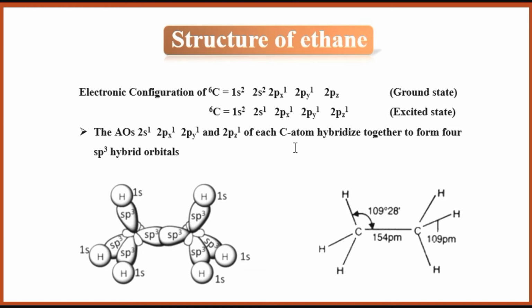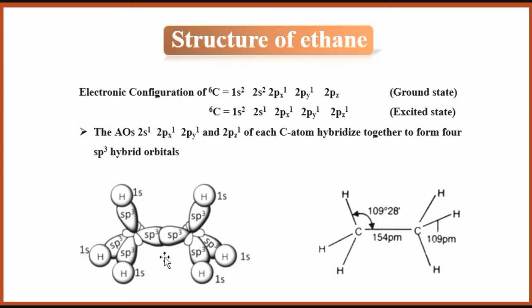So these would hybridize together to form 4 sp3 hybrid orbitals, same as the methane molecule, but the only difference here is that 3 sp3 hybrid orbitals would overlap with 1s orbitals of the hydrogen atoms, and in this way 3 sigma bonds would be formed with hydrogen atoms, but still these three would be oriented at the three corners of a regular tetrahedron, and the fourth sp3 hybrid orbital of one carbon atom would overlap with the sp3 hybrid orbital of the other carbon atom, pointing towards the fourth corner of the tetrahedron.